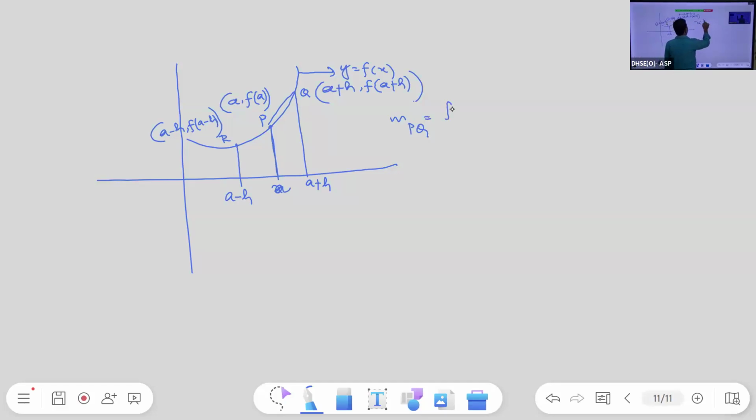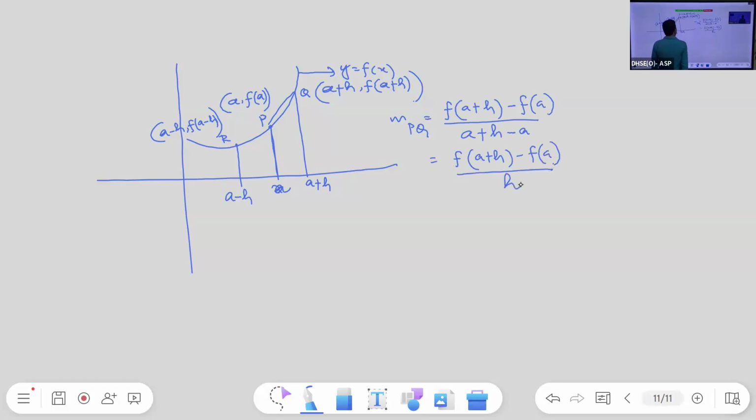M PQ is equal to f of a plus h minus f of a upon a plus h minus a, right? This is equal to f of a plus h minus f of a upon h, right? This is the slope of secant PQ.